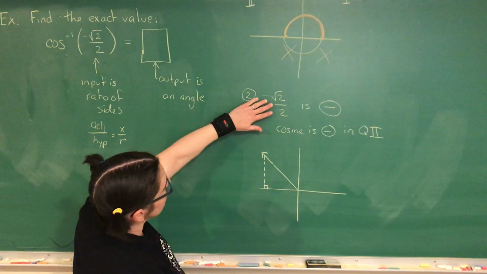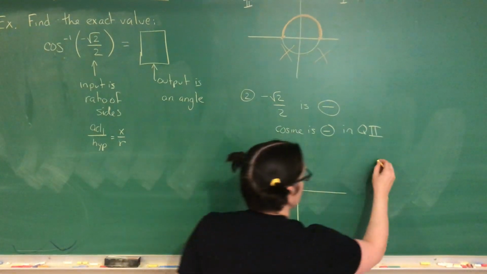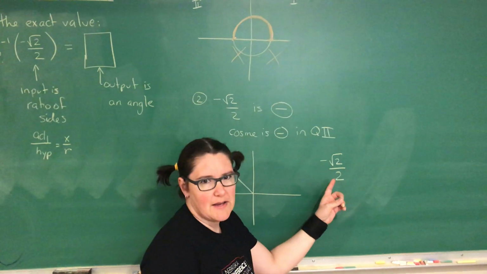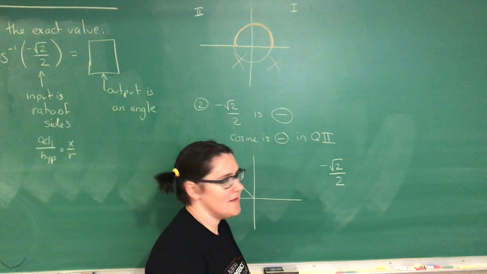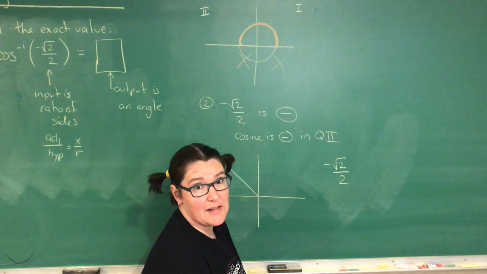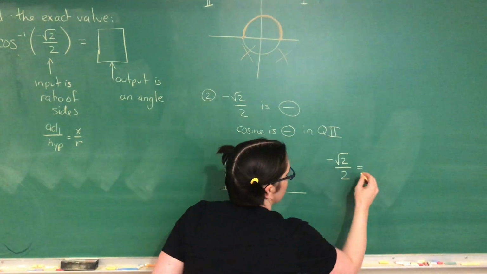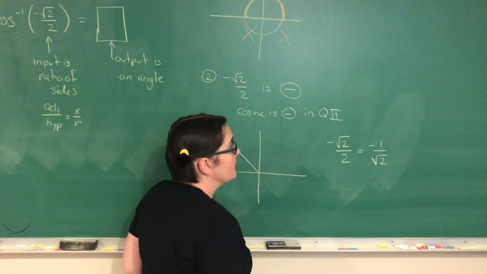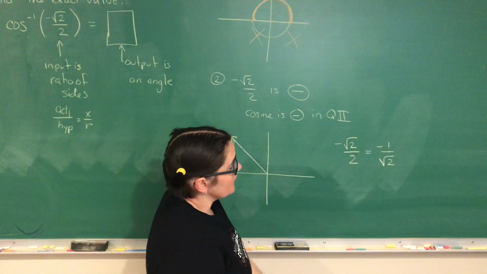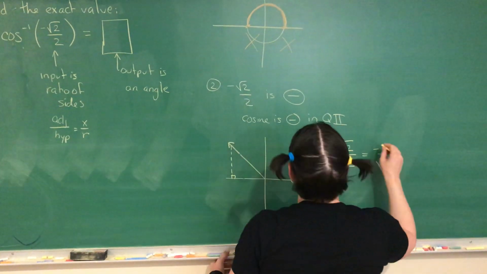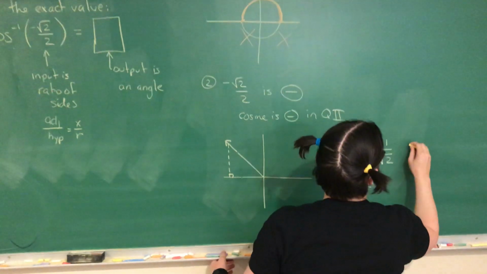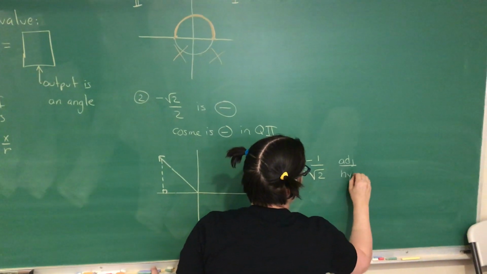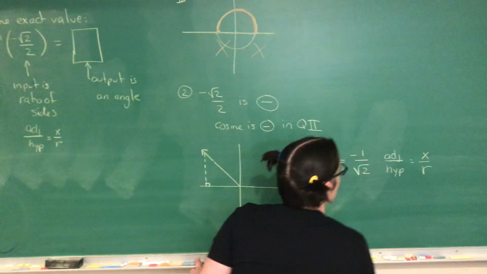Okay, now looking at this number that I have, this negative root 2 over 2, hopefully I do recognize that this is a fraction that's already been rationalized. So the real value of this, before it's rationalized, is negative 1 over root 2. And now looking at this fraction, this is arc cosine, so our ratio is adjacent over hypotenuse, or x over r.